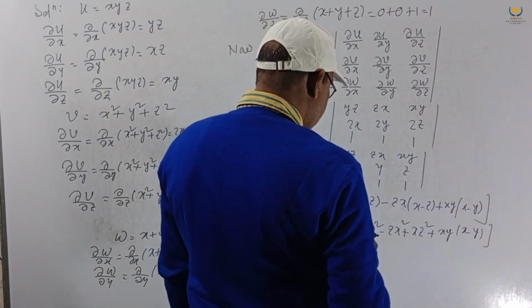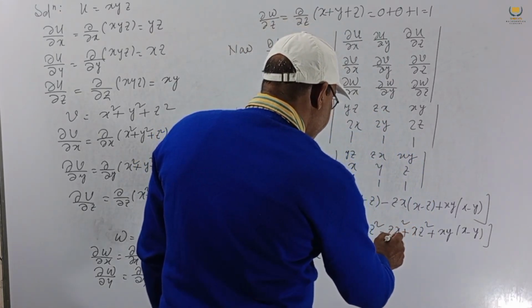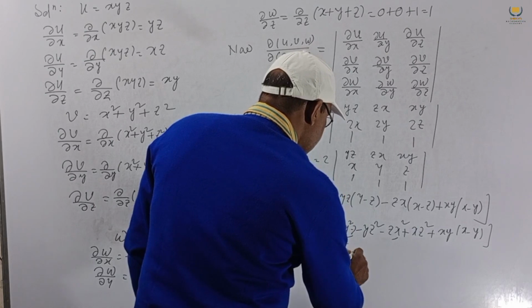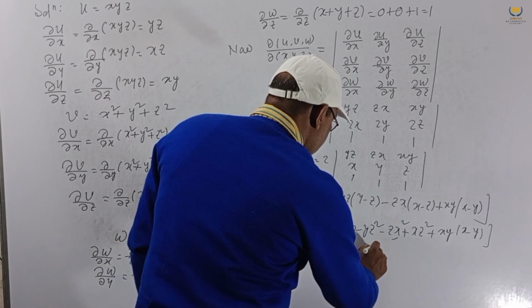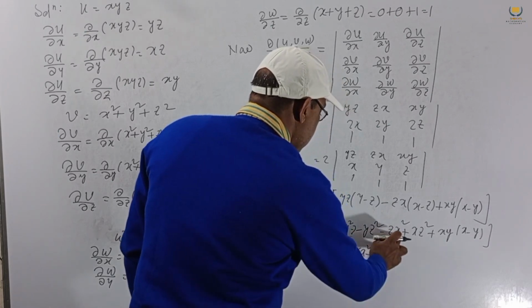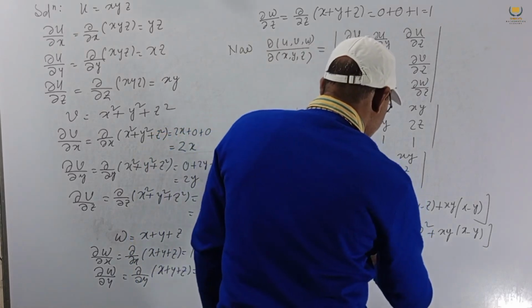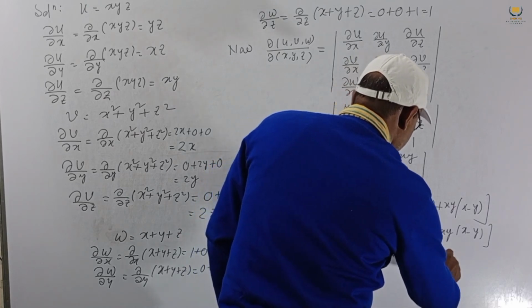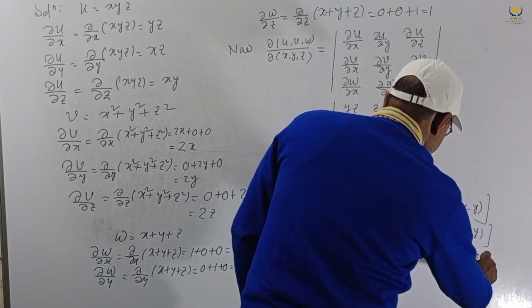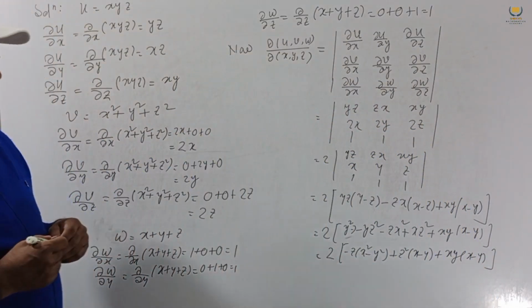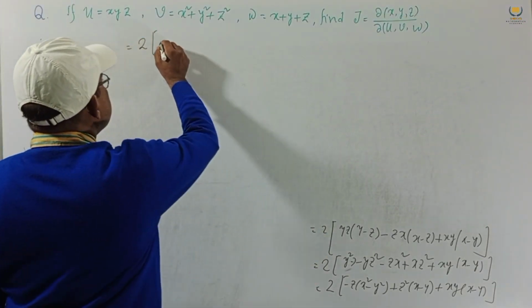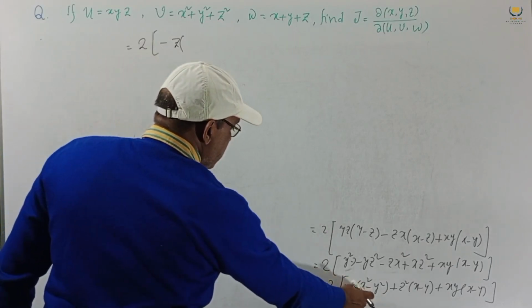Now we find x minus y again. From this and this, minus z common, then we get x square minus y square from this and this, and from this two, z square common, we get x minus y, xy, x minus y. We get this one. So this will be 2 minus z, x square minus y square.